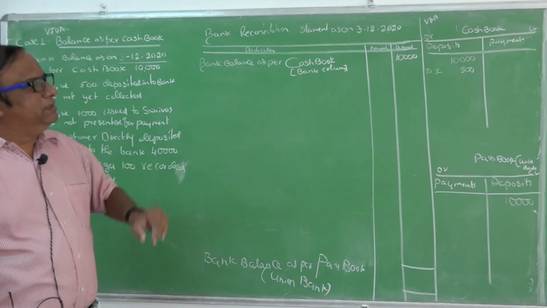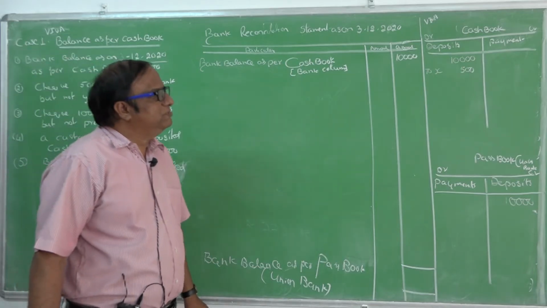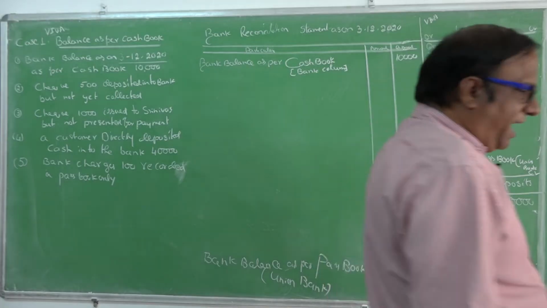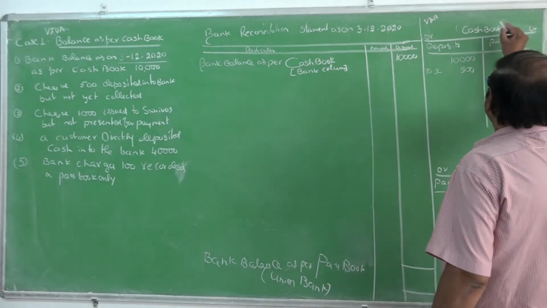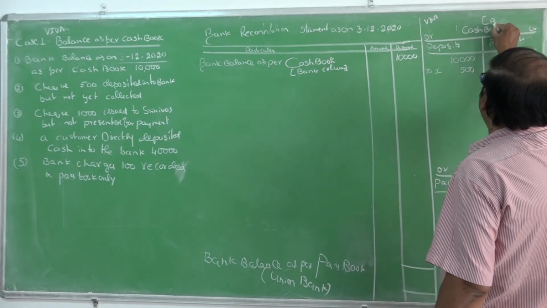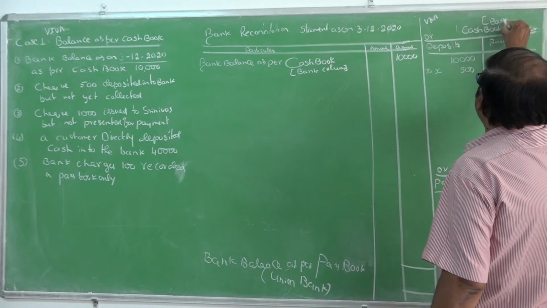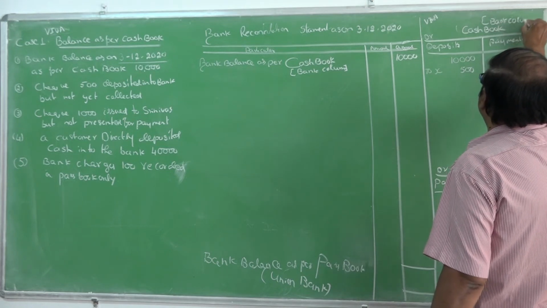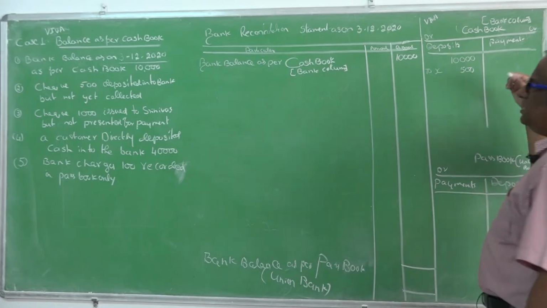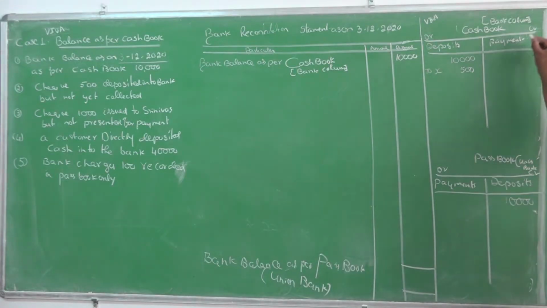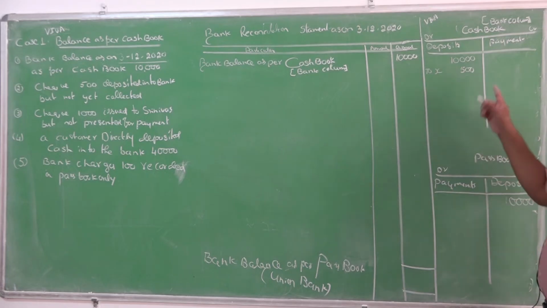So X 500 rupees was deposited into the bank. This is a cash book, in the bank column. I explained in subsidiary books many columns, but I am discussing the bank column, 500 rupees.